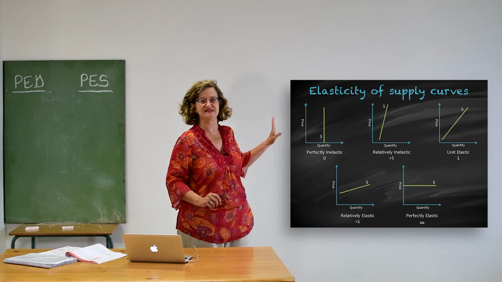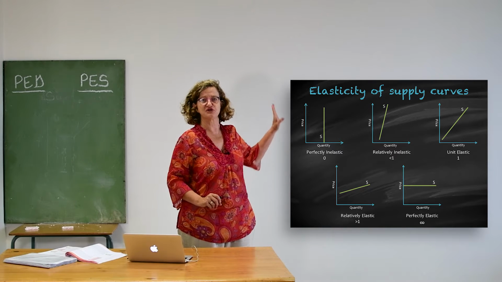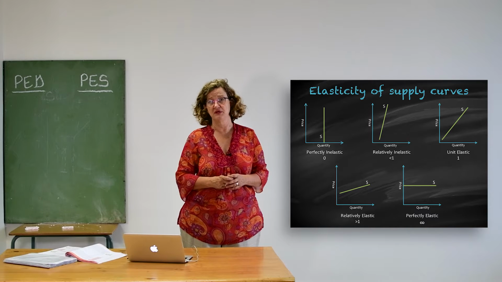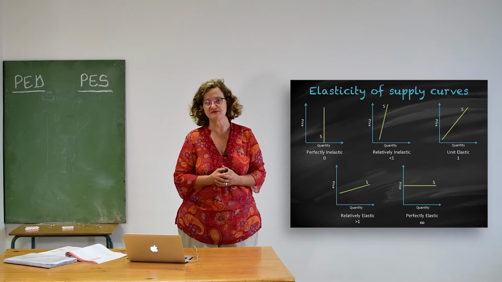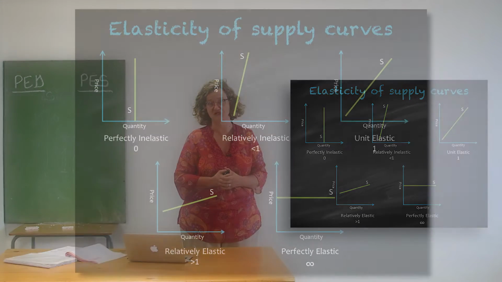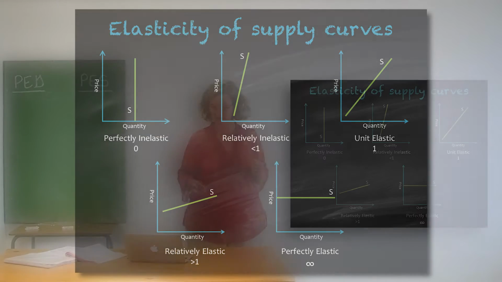In that case there's only 60,000 seats, so they can only take 60,000 people, and it doesn't matter what the price is, the supply will stay vertical. It will stay exactly at 60,000. So those are examples of different graphs for price elasticity of supply.